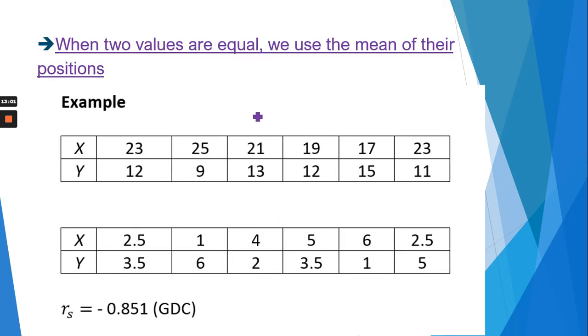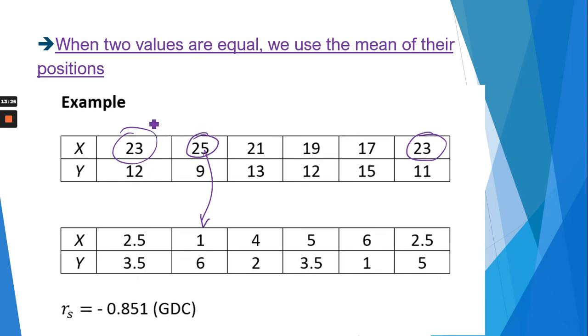Let's do another example. So when two values are equal, we use the mean of their position. So let's do the same thing, but being careful with the values when they are equal. The highest value for x is 25. So this one must be number one, the first one. When we go to the second, both 23 are second and third.